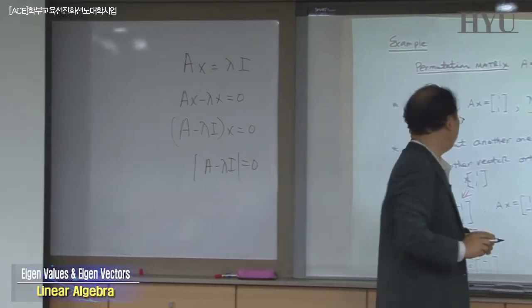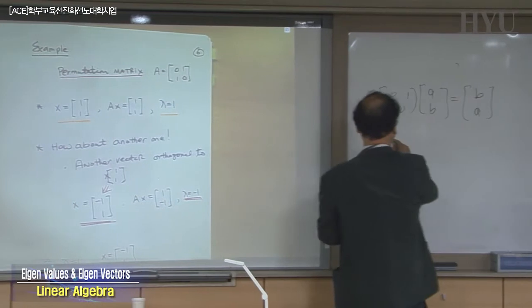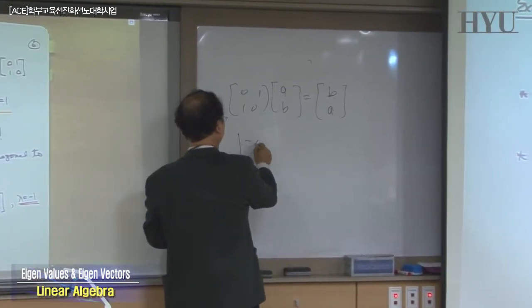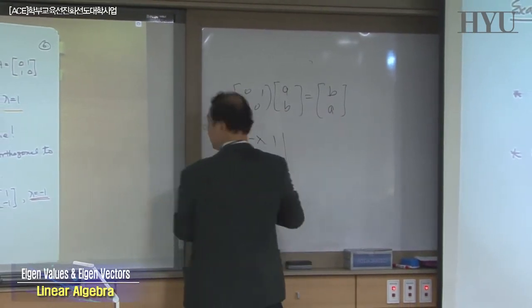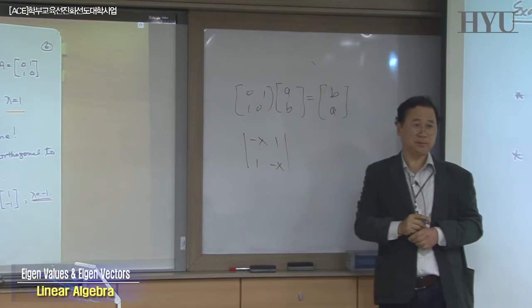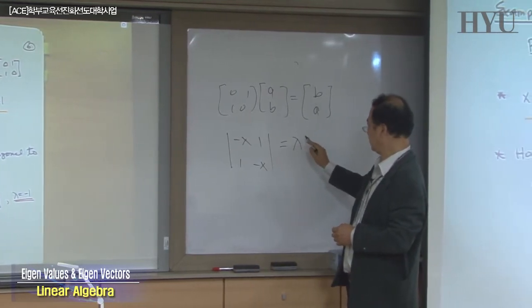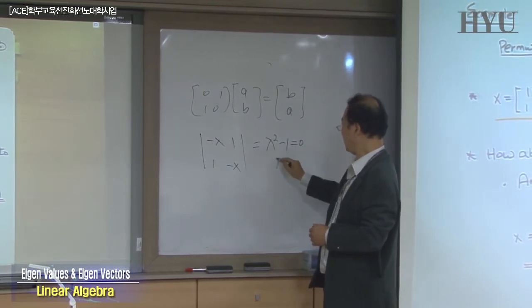So how can you compute A minus lambda I? Basically it means [0 1; 1 0] minus lambda, so [-lambda 1; 1 -lambda], right? So this one is lambda squared minus 1, right? So lambda is plus or minus what?